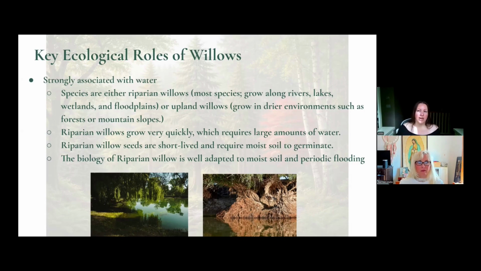And that kind of wet soil is going to be near water. And then also the root systems are completely comfortable with periodic flooding. They can handle that really well, which ties into their needing water. So that tends to be why they grow so well near water.